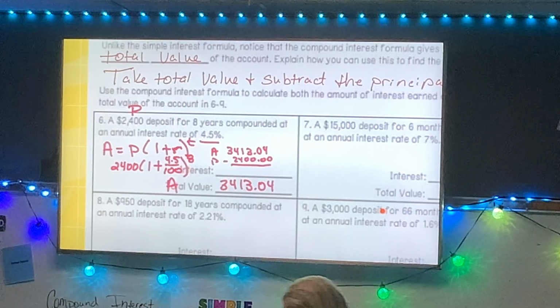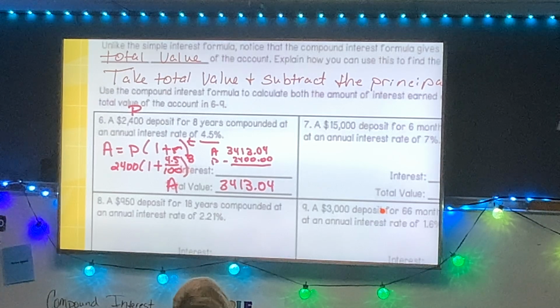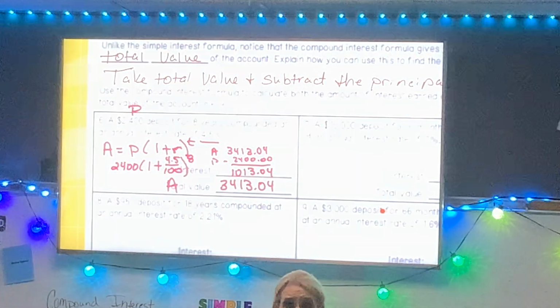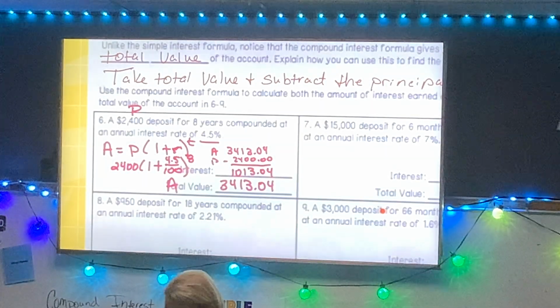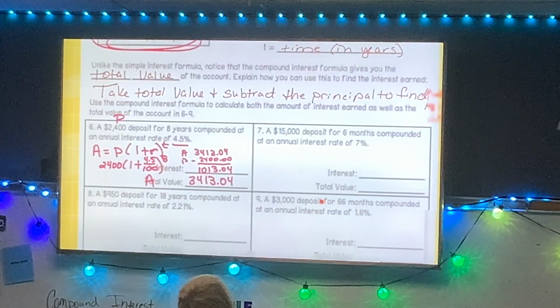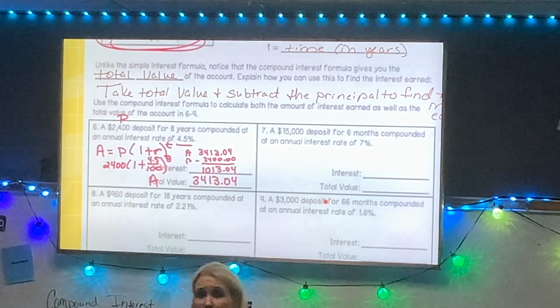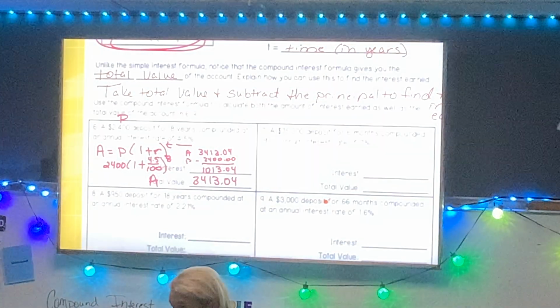What did you get when you subtracted? Perfect. So do we see the difference between simple, we had to add? This one we have to subtract to get our interest. So your total amount should always be more than you put in because that's what they're going to hand you when you walk in there to get all your money out.